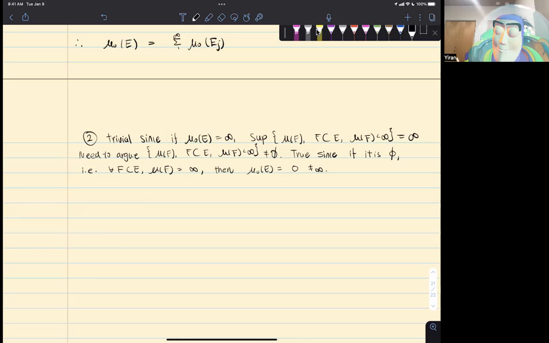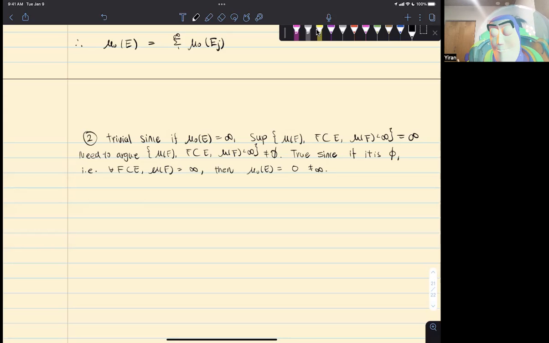What I'm really saying is F in the set where F is a collection of subsets of E with finite measure. So that's what I'm referring to by pointing out this set. Okay, so that means all F in this has mu of F equal to 0.